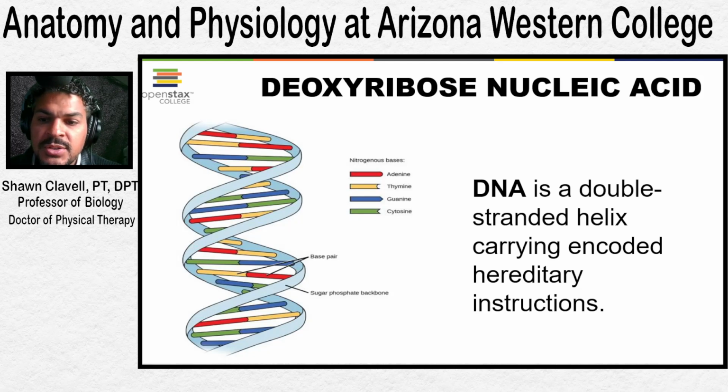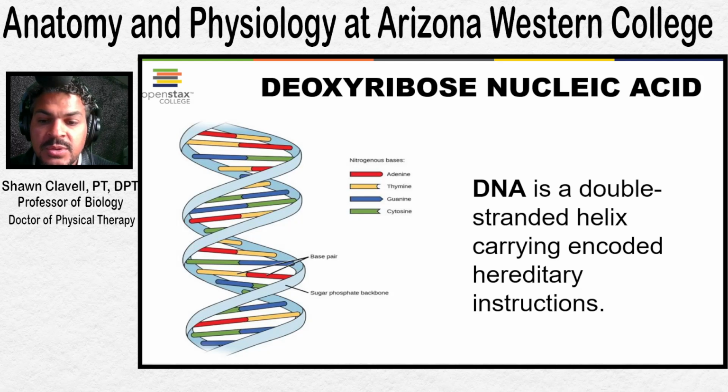And then the nitrogenous bases can be one of 4 bases: adenine, thymine, guanine, and cytosine. Adenine always associates with thymine, guanine always associates with cytosine. And so the rungs of the ladder are complementary. They're not identical, they're complementary. So there will always be a complementary base that associates with them.